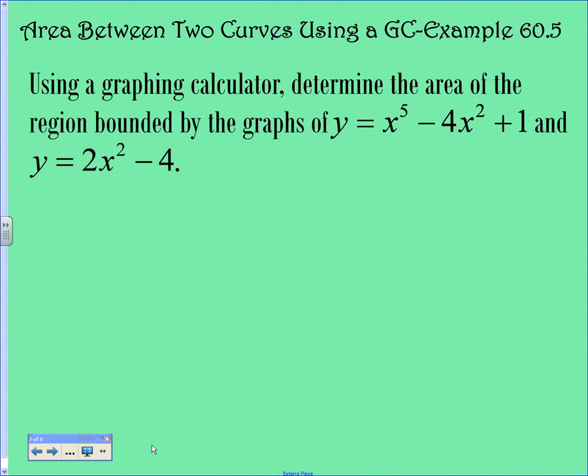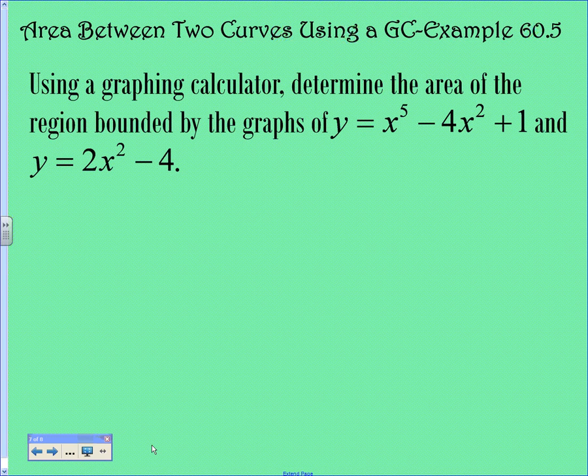Which graph is on top here? The parabola is on top. You see, this is the parabola, and it's on top right here. And so we're going to go back to Math 9, and we're going to do from 1 to 1.5905, and the parabola is on top.